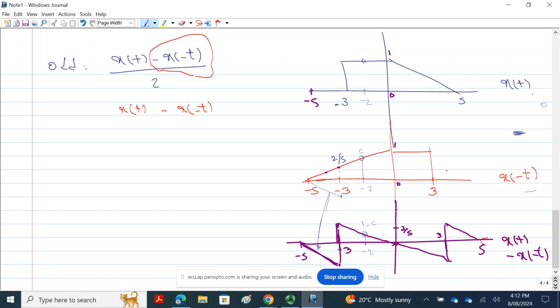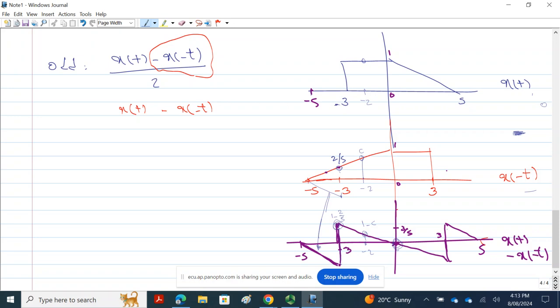Right? Now, the tricky part is finding this transition here. If I find this value, all I do is I jump to that value, and then because I know that here I should get 0, I'll just connect these. Now, to find that point up there, this point here, what I need is this value, because this is again 1 minus 2 over 5. That's 2 over 5 is my C.